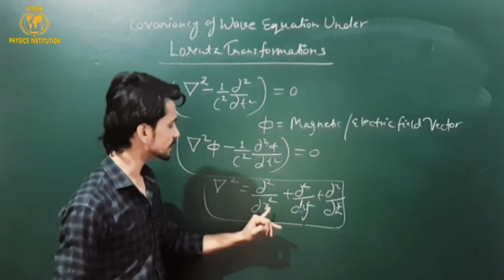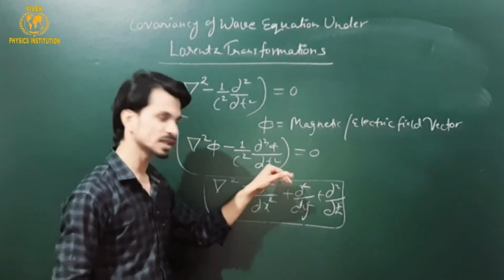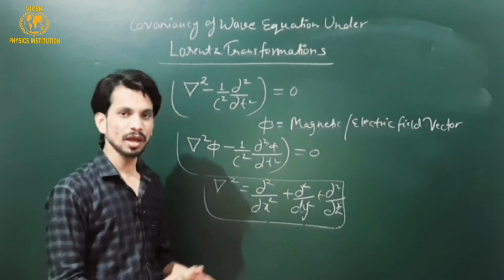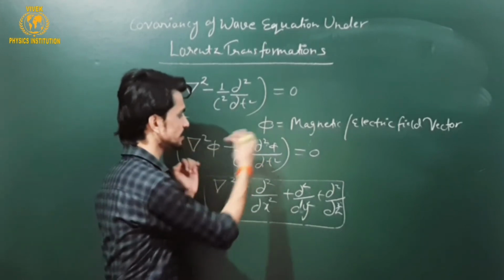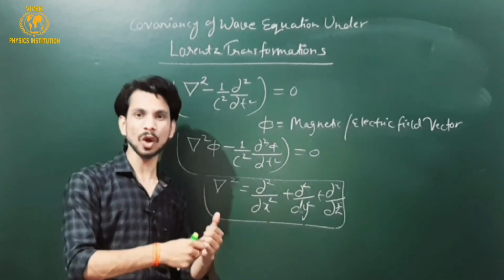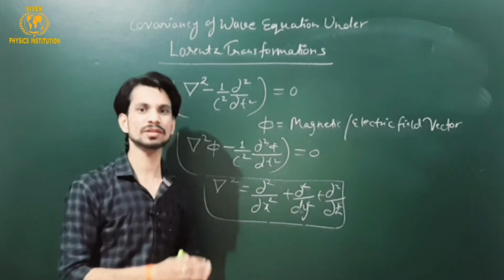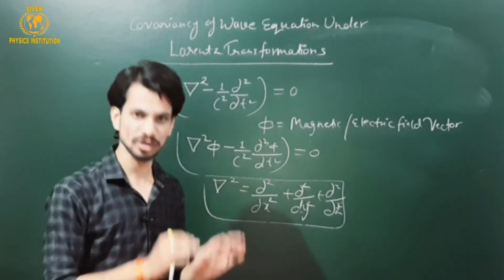I will replace x, y, z as well as t with x dash, y dash, z dash and t dash. After applying the Lorentz transformation over this wave equation comprehensively, if I get no change in the general form of the wave equation, then I will be able to say it is covariant under the Lorentz transformation.